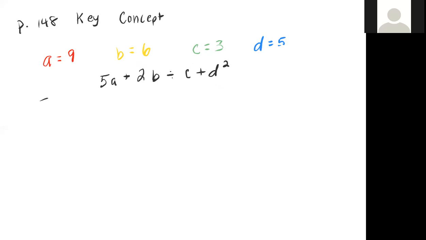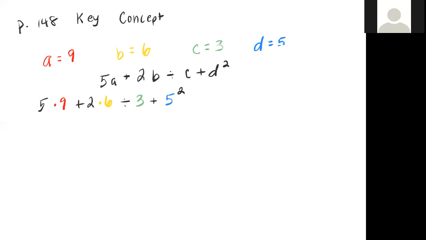So we've got 5a, so I'm going to replace a with 9. And then plus 2b, I'm going to replace b with 6, divided by c, which is 3, plus d to the second power, and d is 5.